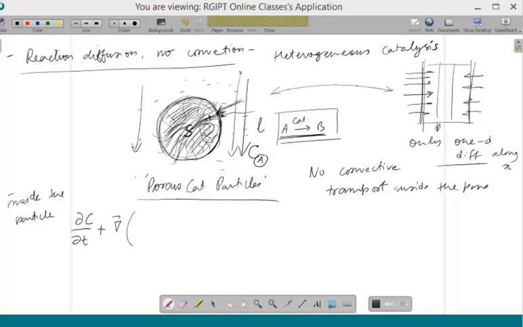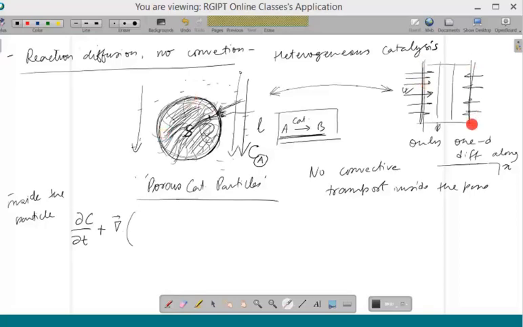Whatever equation we obtain here will not be applicable to the spherical catalyst particle, because there we have to work in spherical coordinates.